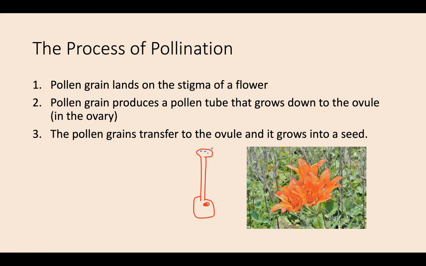Blue dots are the pollen, red is the stigma. The pollen then needs to make itself a tube. It will bury itself down through the stigma until it reaches the ovary and finally the ovule. So this ovule here with the pollen in it is the full process of pollination.